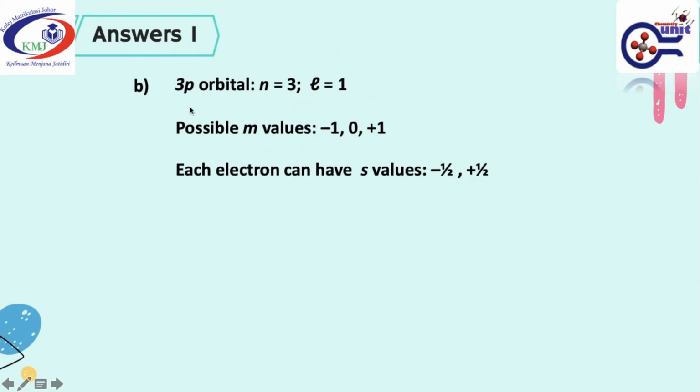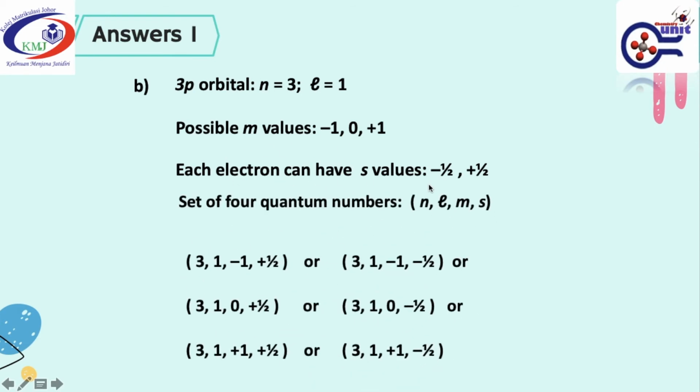For the 3p orbital, n is equal to 3, L is equal to 1 because it is a p orbital. The possible m values for L equal to 1 are negative 1, 0, positive 1. Each electron has S values of negative half and positive half.